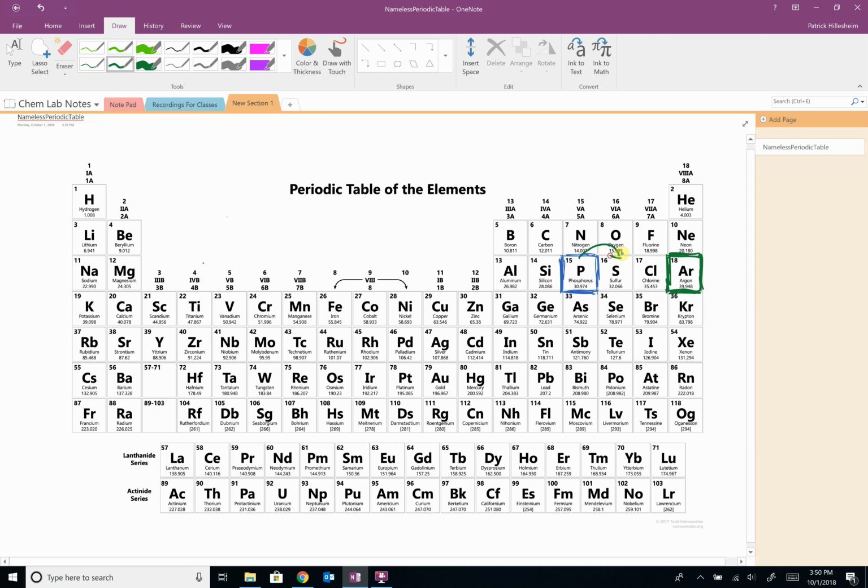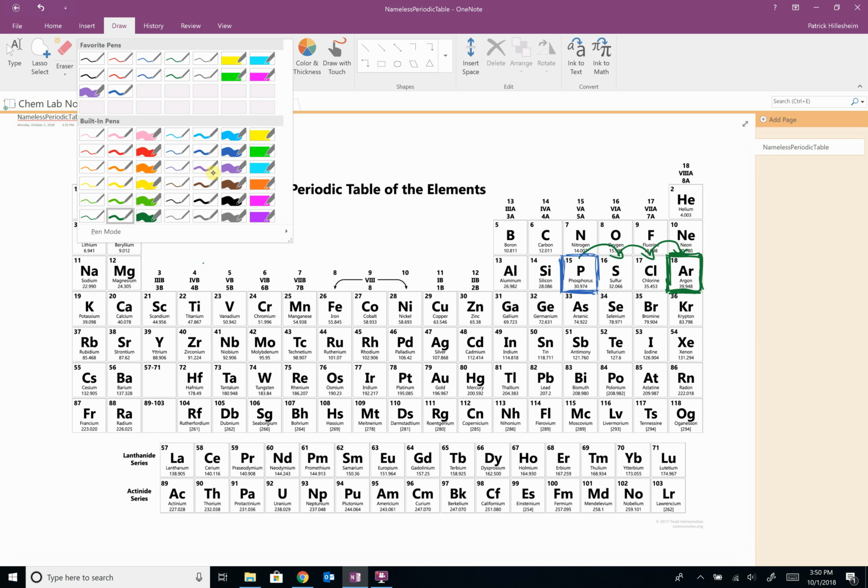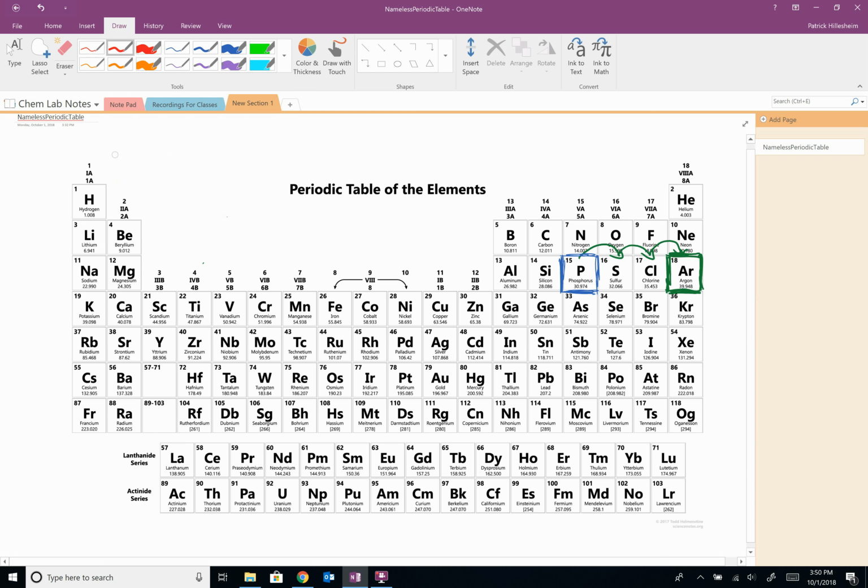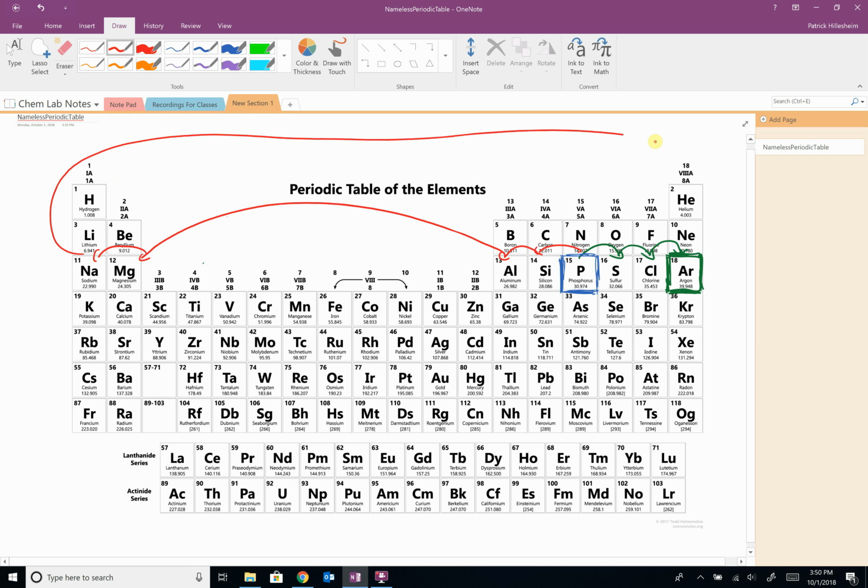If I walk forward, I have to take 3 steps to get to argon, my closest noble gas. So I can take 3 steps forward or, going back, 1, 2, 3, 4, 5. So 3 steps forwards or 5 steps back.